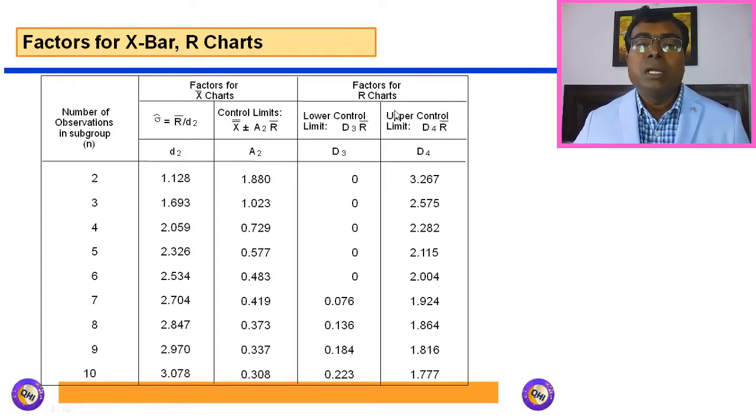In the same way, the formula for the lower control limit for a range chart would be D3 R bar, that is D3 multiplied by R bar, and as we have already discussed, up to a subgroup size of 6 your lower control limit will be 0 for the range chart. For the upper control limit the formula is D4 R bar. That means whatever R bar you get, multiply that with D4, and for a sample size of 5 multiply it with 2.115 and you will get your upper control limit for the range chart.